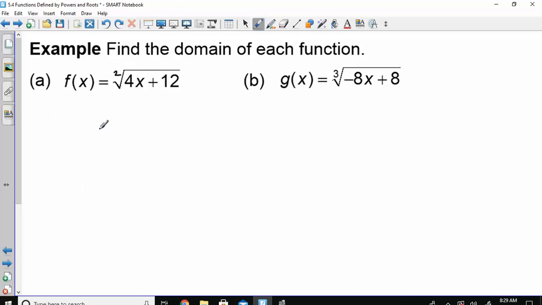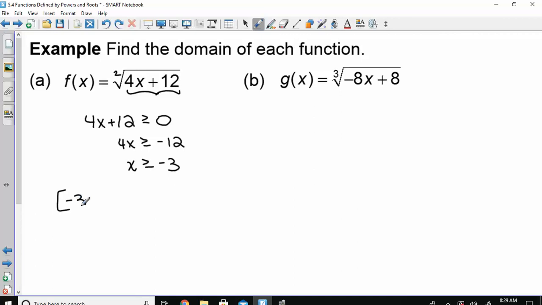It's a square root, that's even, so you just take this thing under the radical, greater than or equal to 0. So we have 4x is greater than or equal to a negative 12, x is greater than or equal to negative 3. To write that in interval notation, that says it's everything negative 3 and bigger, so you do bracket, negative 3, comma, infinity.